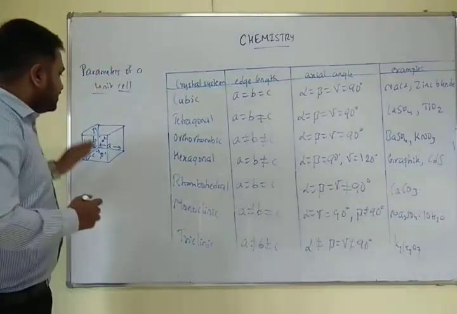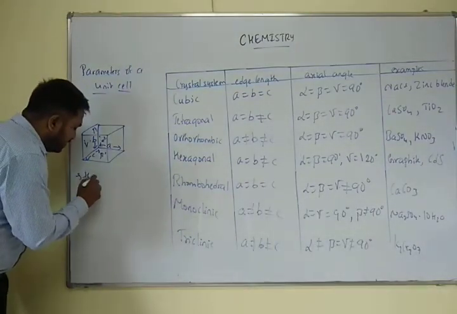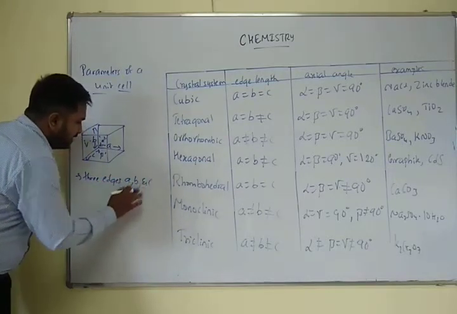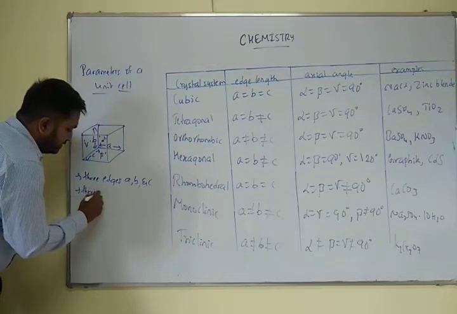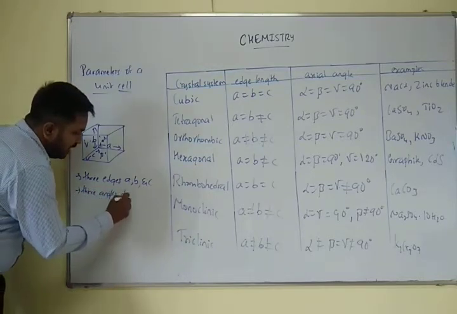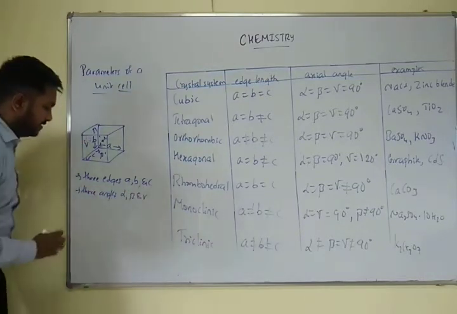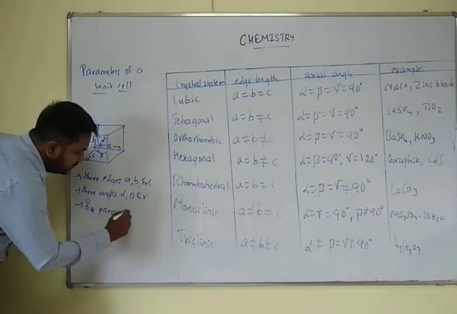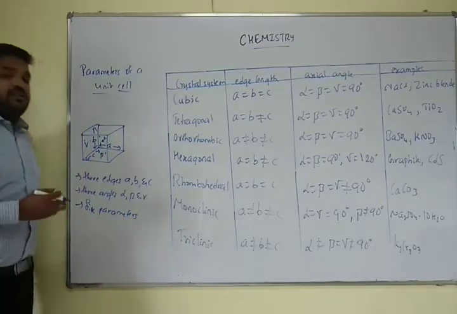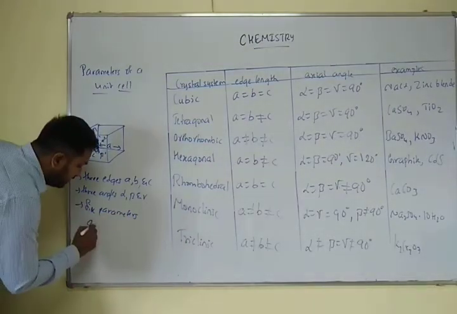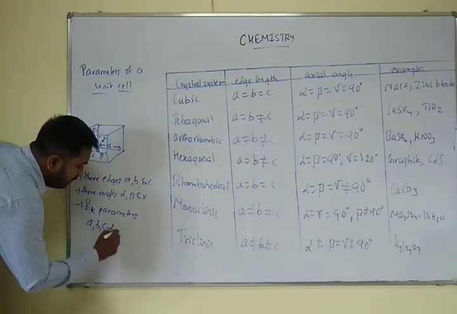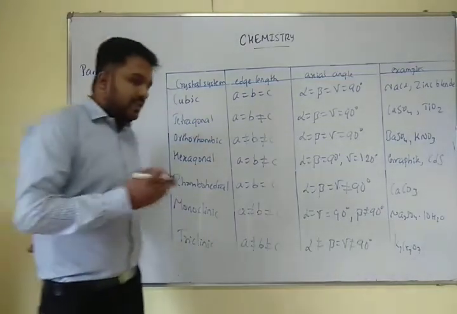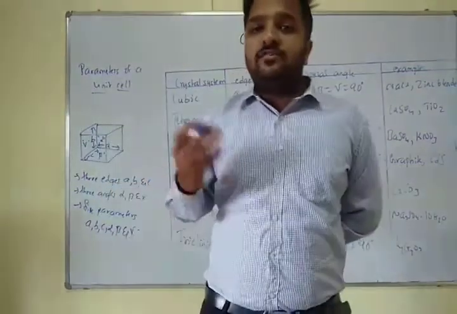These 6 are the 3 edges along A, B and C, and the 3 angles, alpha, beta and gamma. So there are 6 parameters by which the unit cell can be characterized, that is A, B, C, alpha, beta and gamma. Clear? By varying these, you will get entirely different crystals.